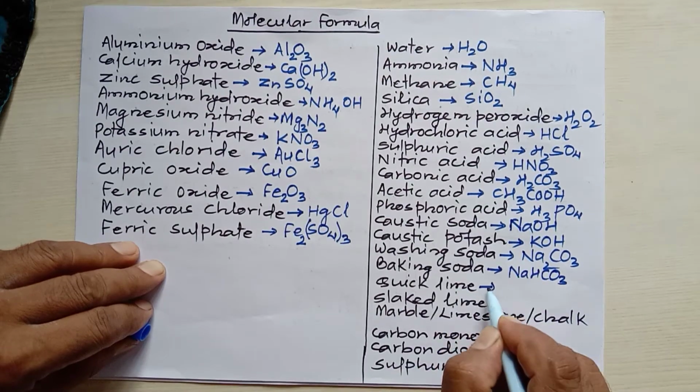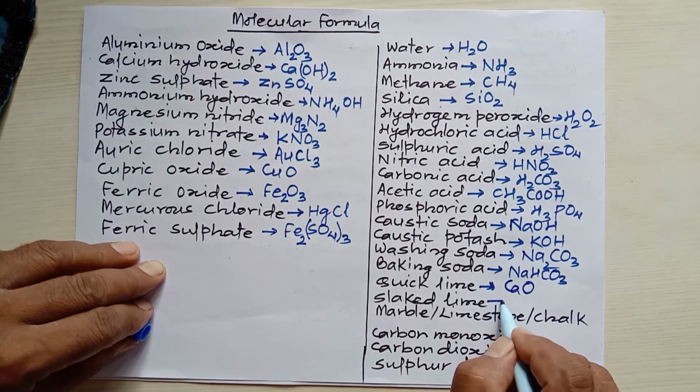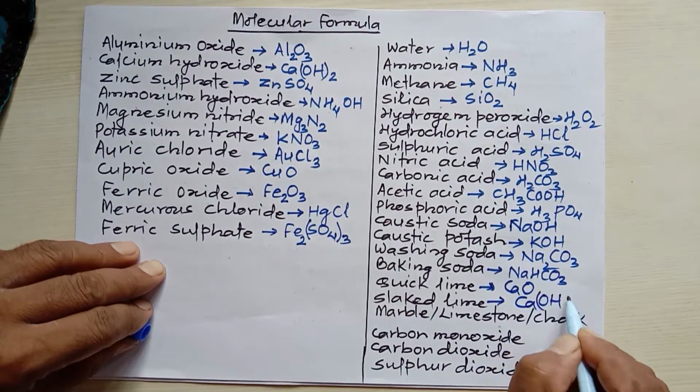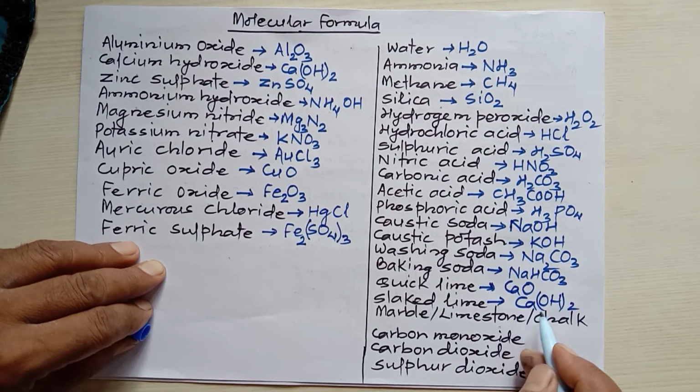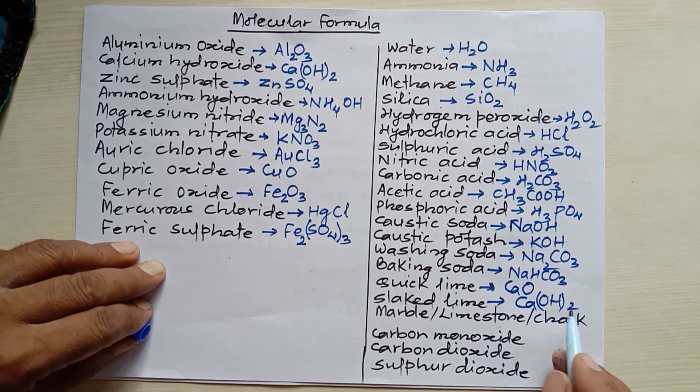Quicklime means calcium oxide, and slaked lime means Ca(OH)2. Again, I want to tell you that if it is told as calcium hydroxide, we'll write Ca for calcium, OH for hydroxide, and we'll exchange the valency. But slaked lime doesn't say it contains calcium and hydroxide.